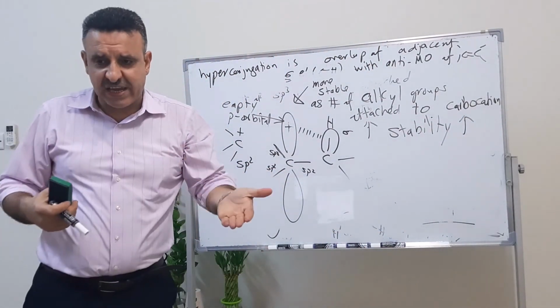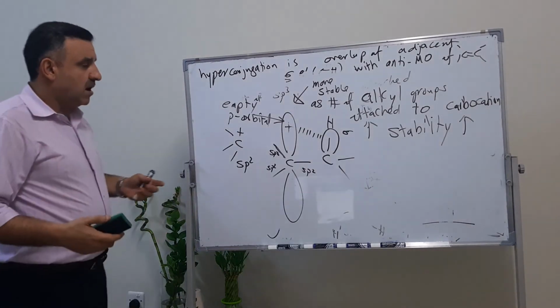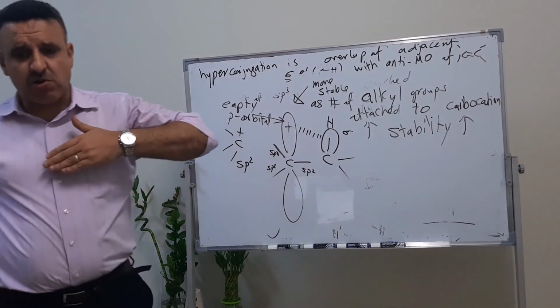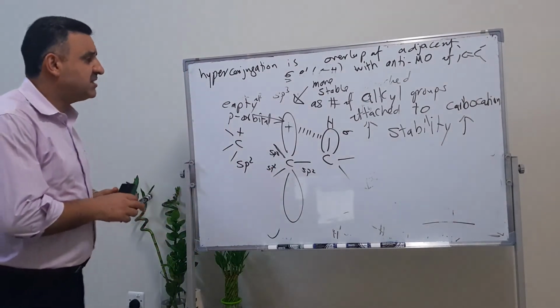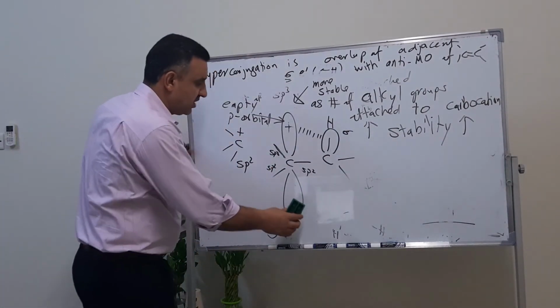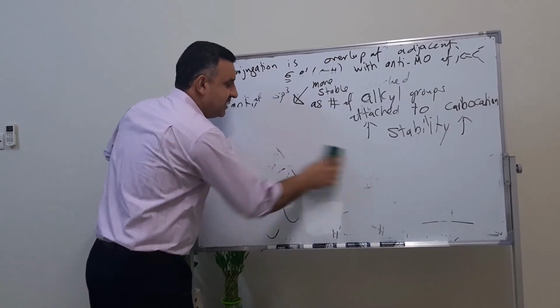This is due to hyperconjugation. The first thing we are going to discuss after this section is the stability of the carbocation, so let me just write it down.